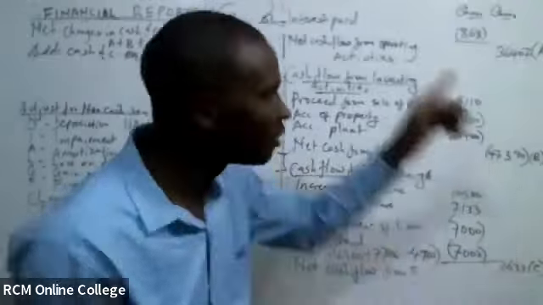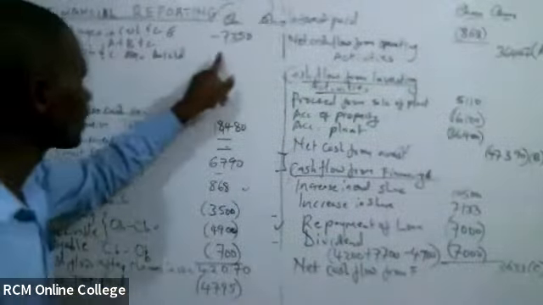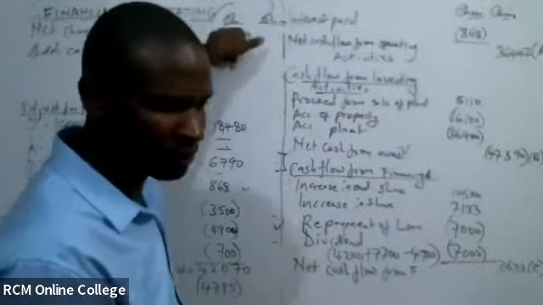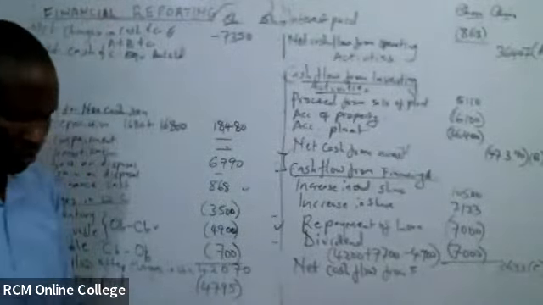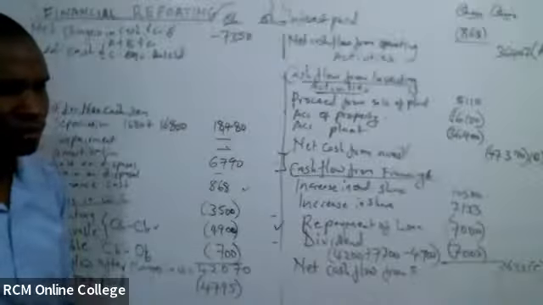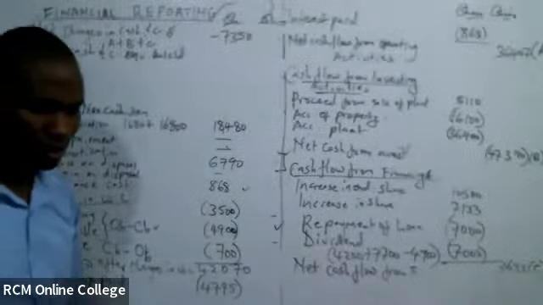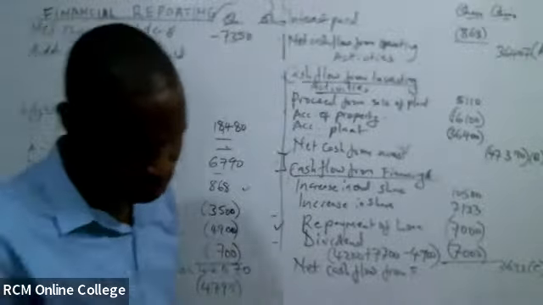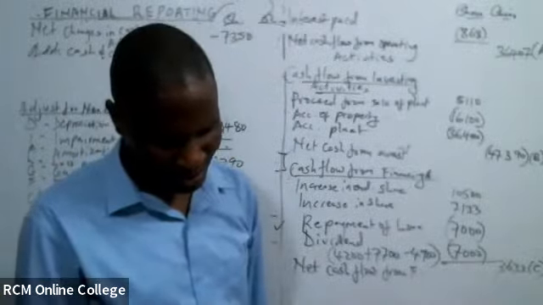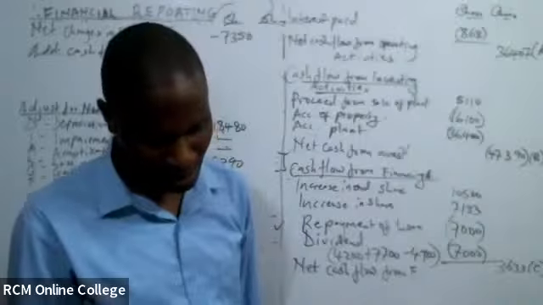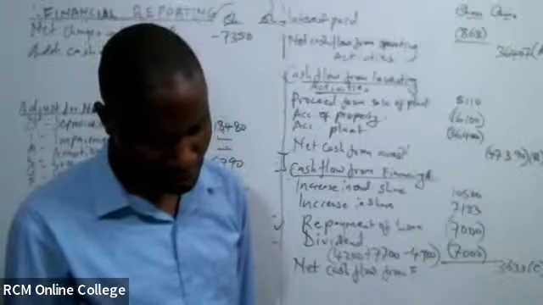So can you do that and give me the item? Kumbe ni rahisi sana. So unaangalia tu item zako za cash.